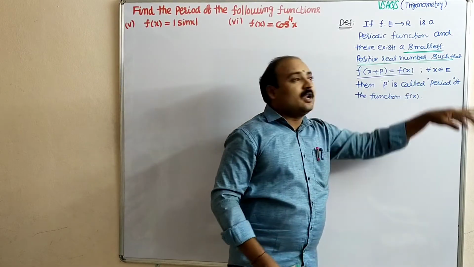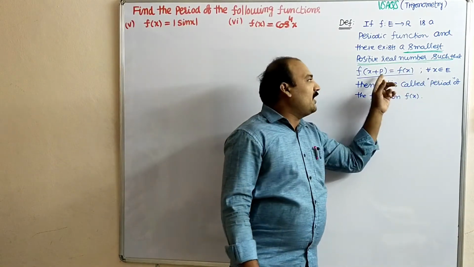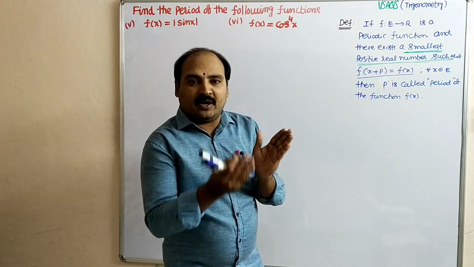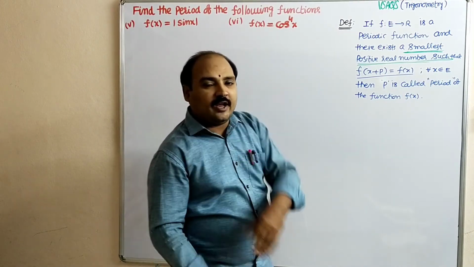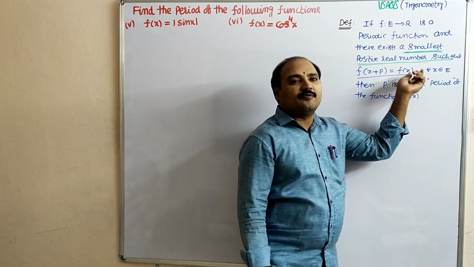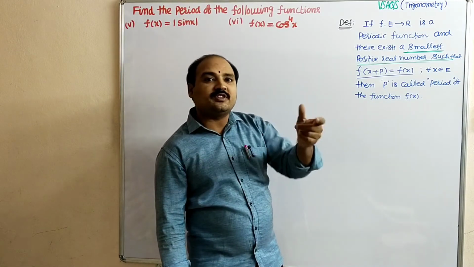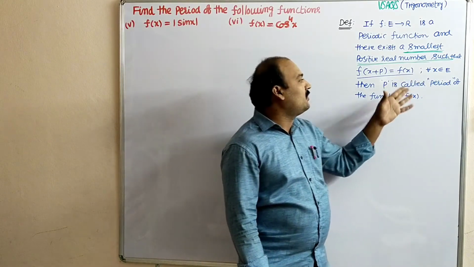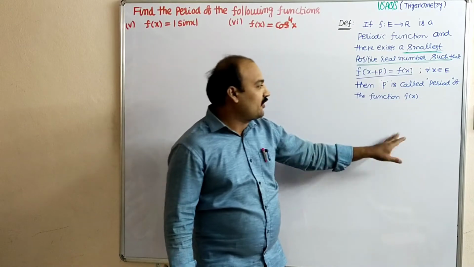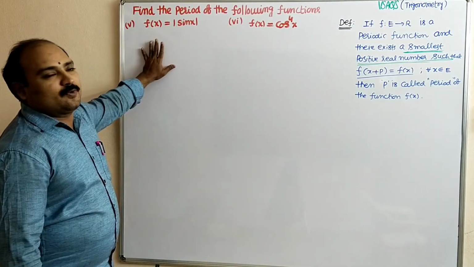In place of p, if you take pi by 2, pi, 2 pi, 3 pi and so on, whichever is the smallest positive real number that gives the same function, that is called the period of the function. Let us discuss this problem.